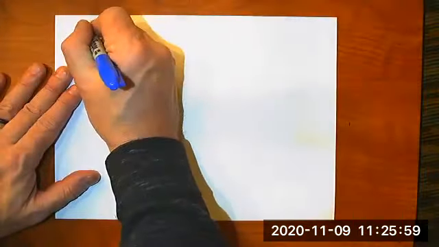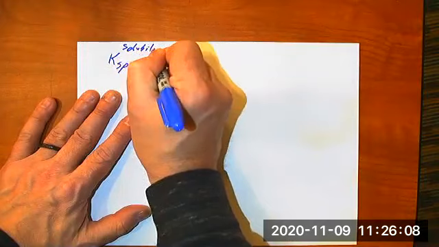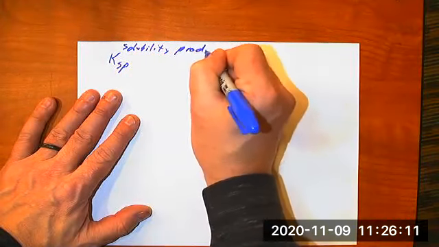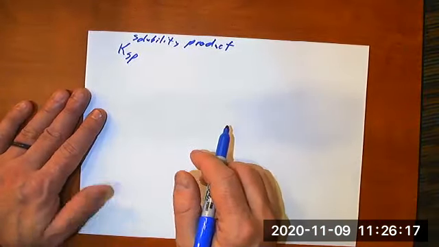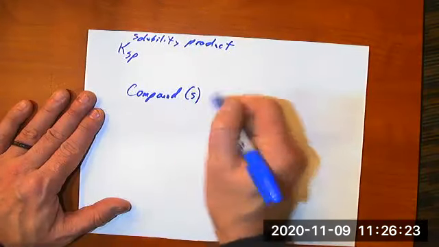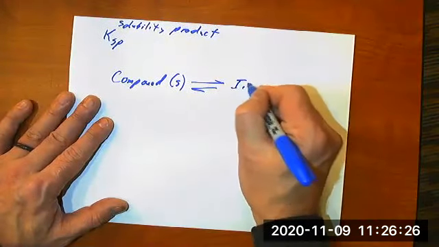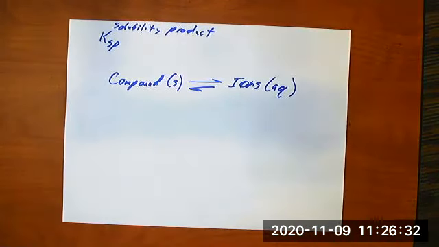There's really no new content in this. It's just a bunch of new examples. The first of them is going into something that we've already mentioned a little bit, the Ksp, the solubility product of a substance. Solubility product, which is for any ionic compound, it is simply the equilibrium of the compound in its solid form with its ions in its dissociated form in solution.